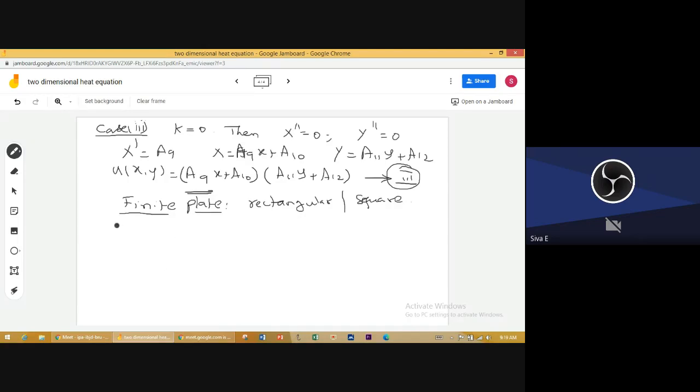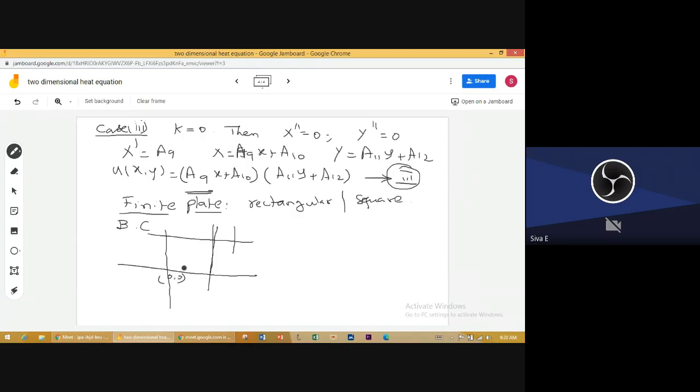It may be a rectangular plate or a square plate. First I take one square plate. This is the square plate. Here it is 0, comma 0.